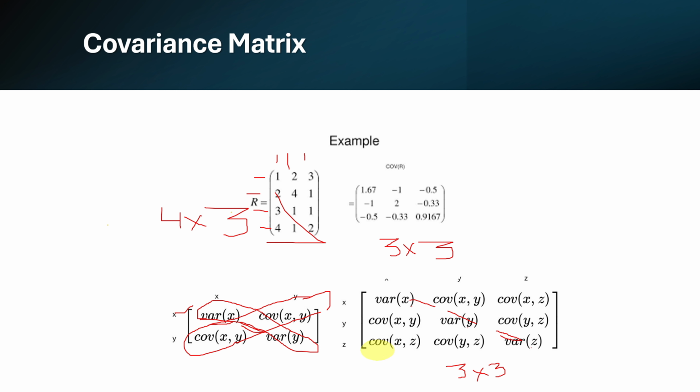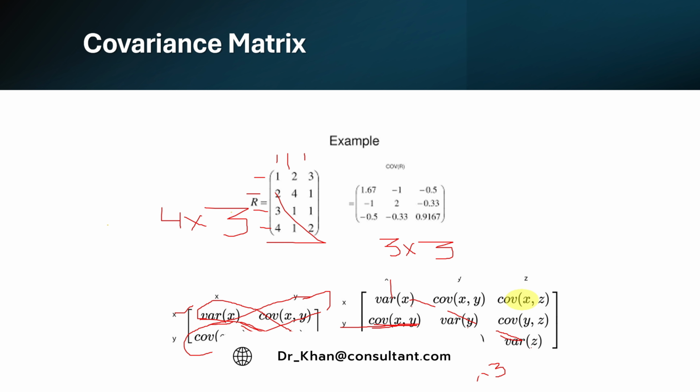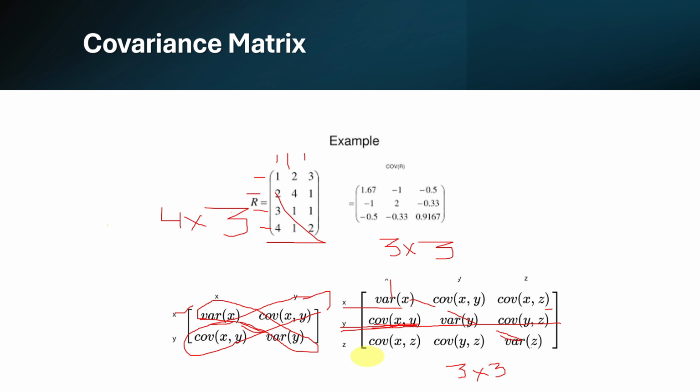When we talk about covariance, you will write your covariance. The best way to understand this is that this is your y-axis and this is your x-axis. Over here you have covariance of x and y, and over here you have covariance of x and z. This is all your x, this is all your y, and this is all your z.